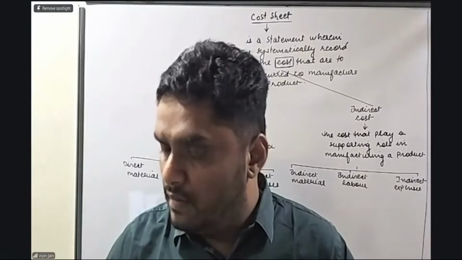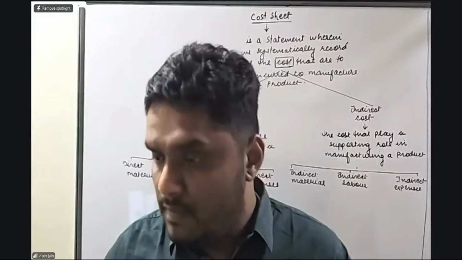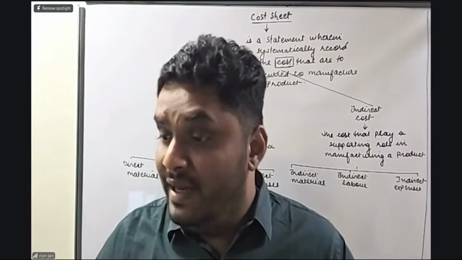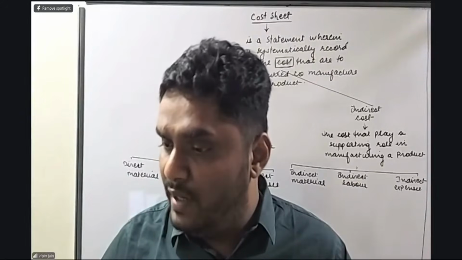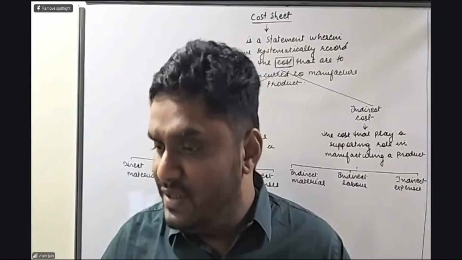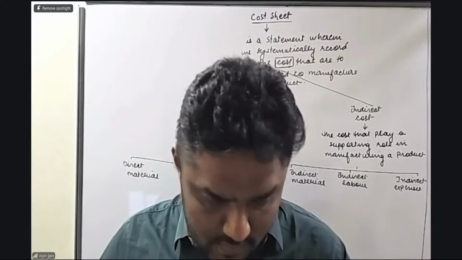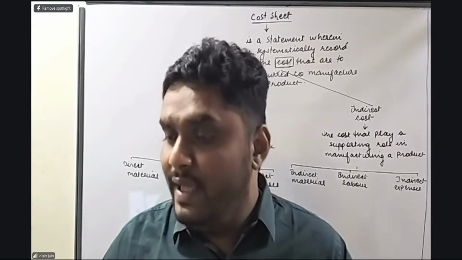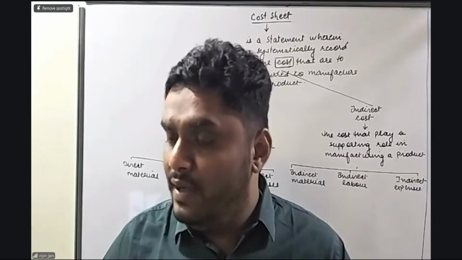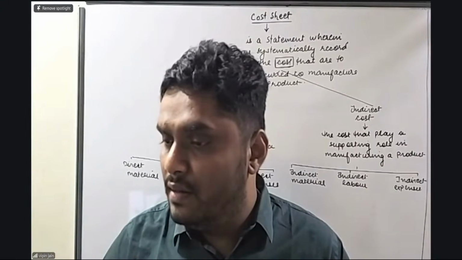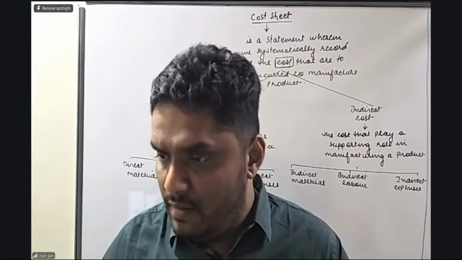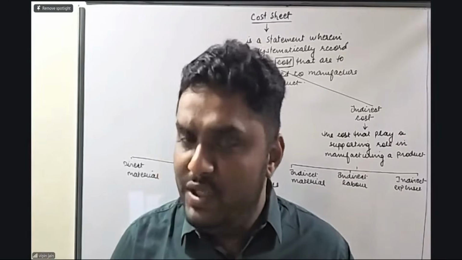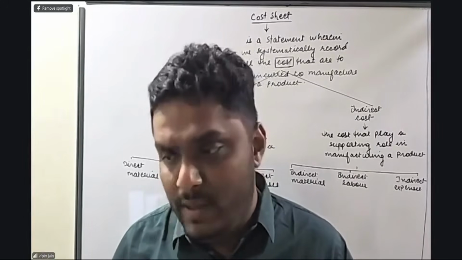Sir, the chef's salary will be indirect, right? Because he is directly involved, we will charge some amount to the cost of the product. Sir, he is making cakes and all this, but his cost will be direct for whatever products he is making. See, who is making the cake? The chef is making it. Yes. So the amount paid to the chef will go under direct labor cost.